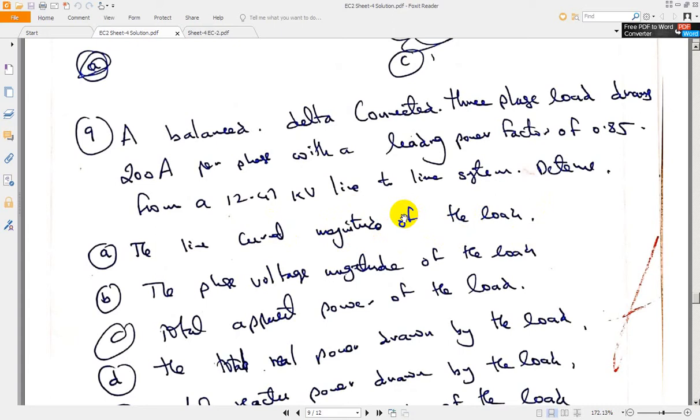Magnitude means only the value. A vector is a quantity which has both magnitude and direction.